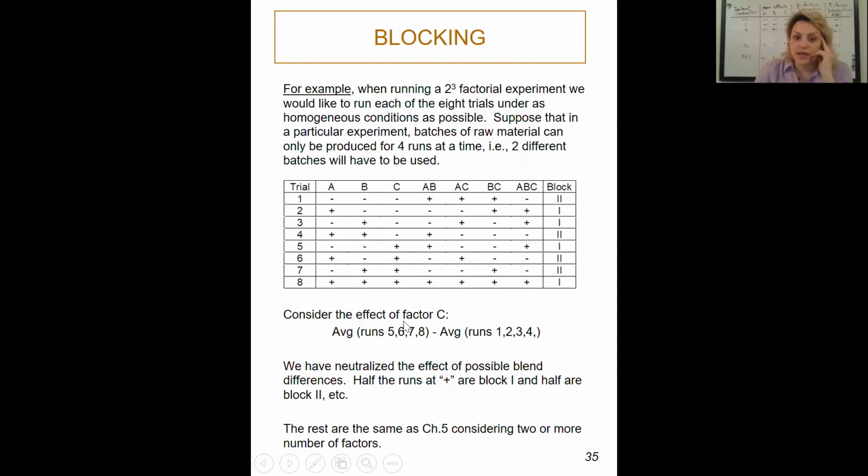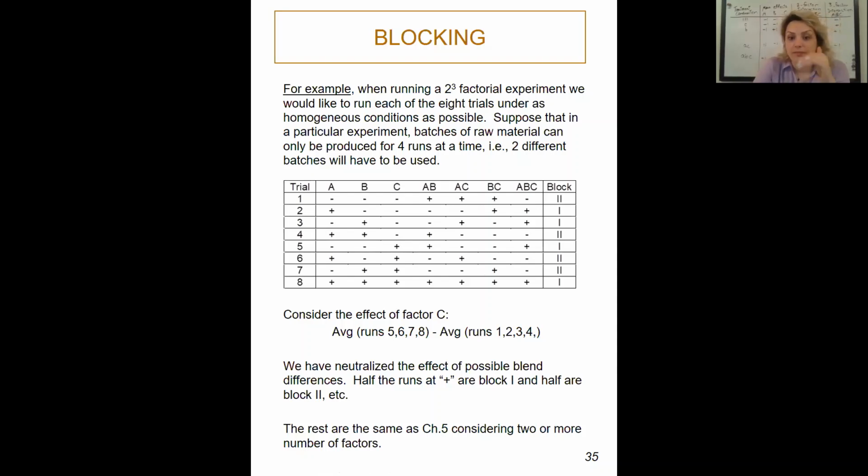When we consider the effect of factor C, we would say the average of runs 5, 6, 7, 8, the positive ones for C, minus the average of the runs at the negative level. In fact, we have neutralized the effect of possible batch differences.